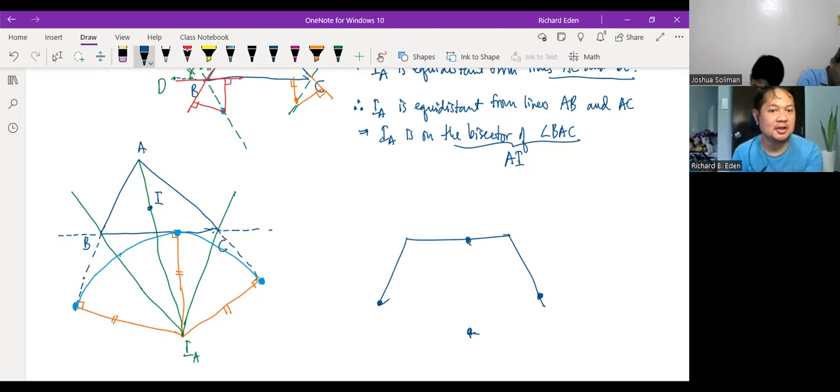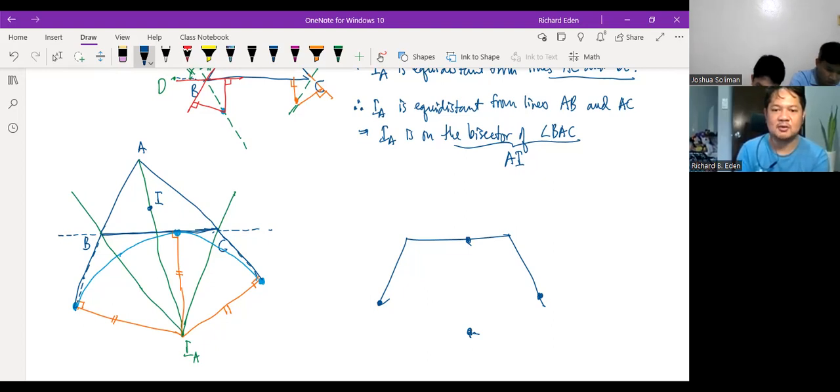But you're thinking of the excircle, which is supposed to be tangent to BC, to the extension of AB and the extension of AC. But all we've shown is that these are 90-degree angles.